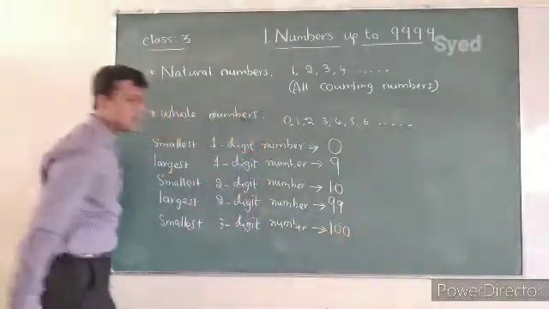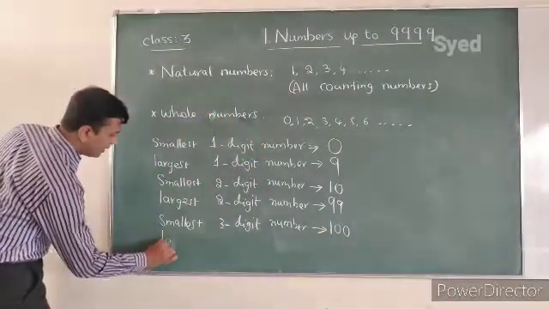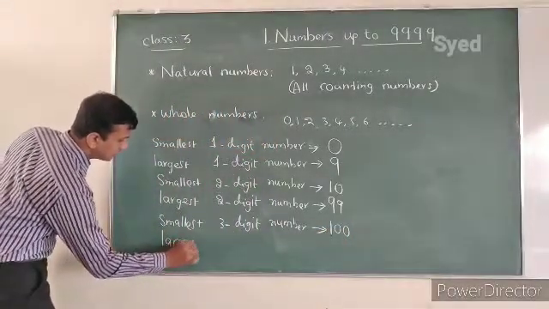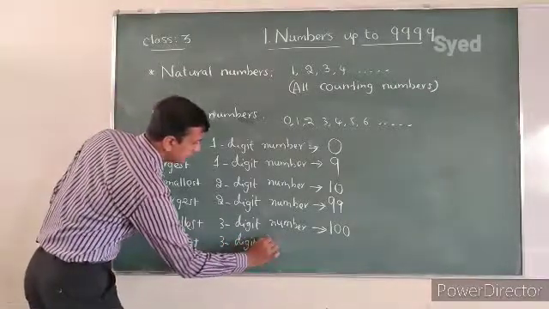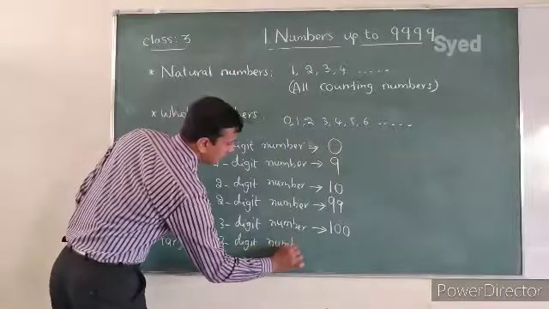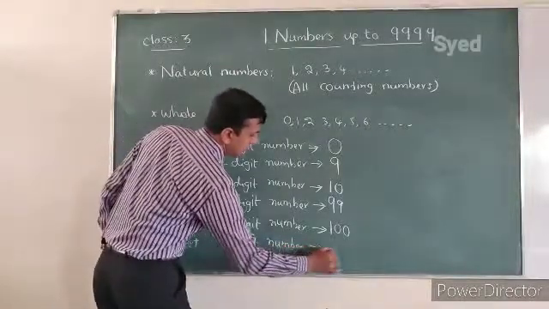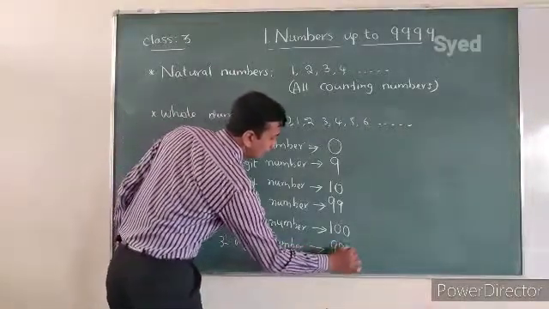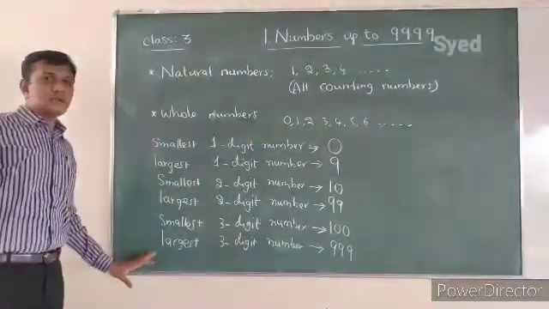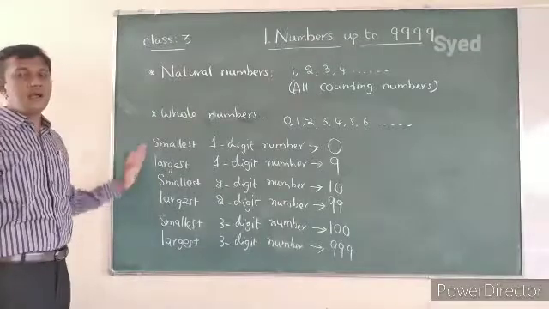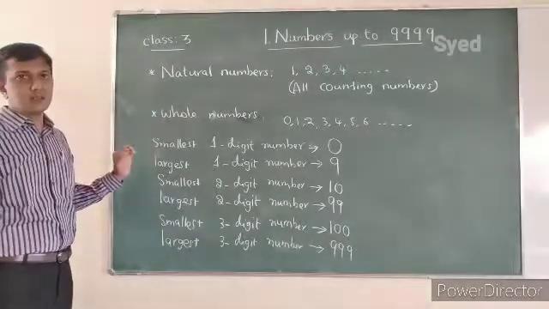And finally, the largest 3 digit number: 999. Related to these 3-digit numbers, we have seen addition and subtraction also.